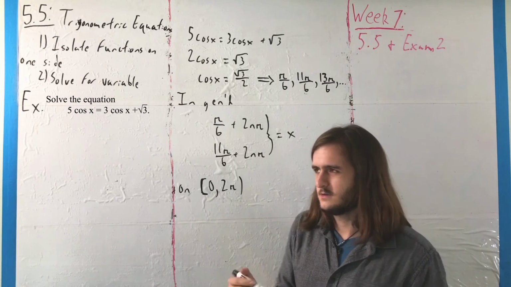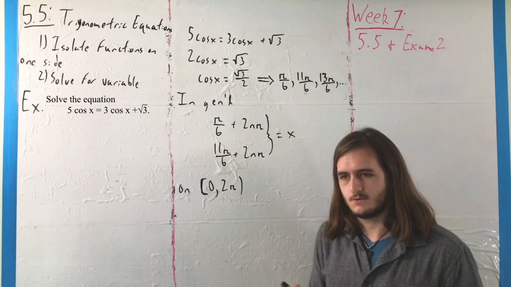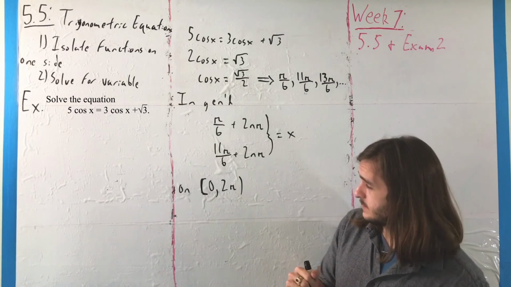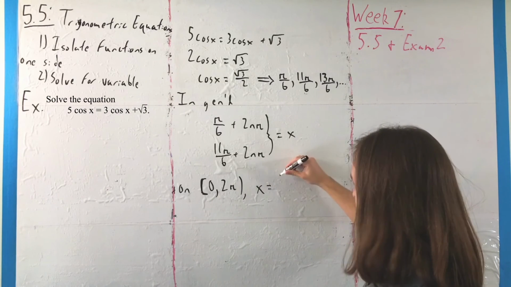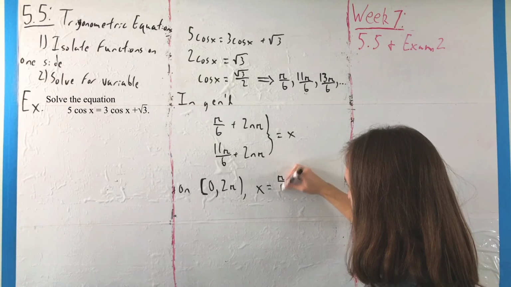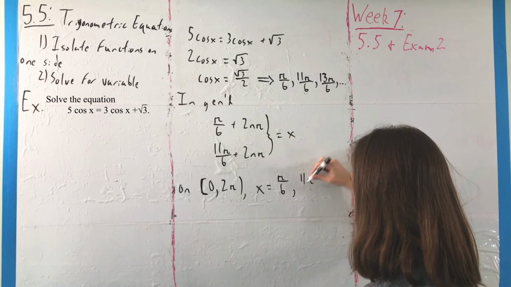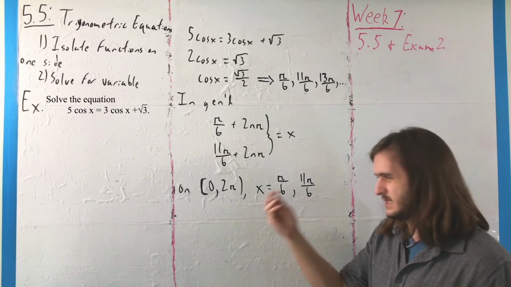In any case, if we specifically look there, we have that x is either pi over 6 or 11 pi over 6. And this is the type of thing we're going to be doing a lot.